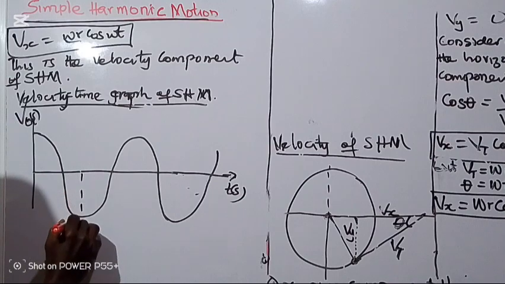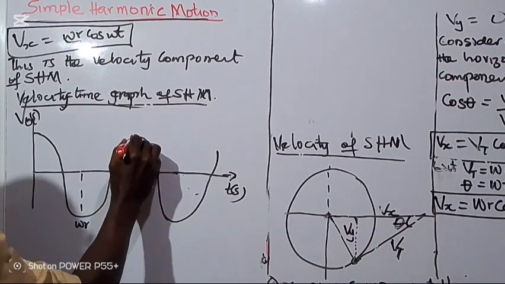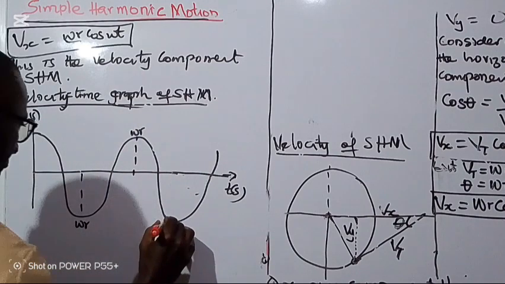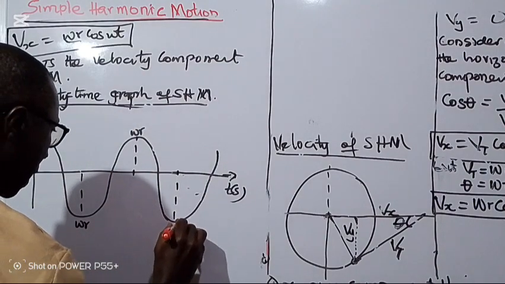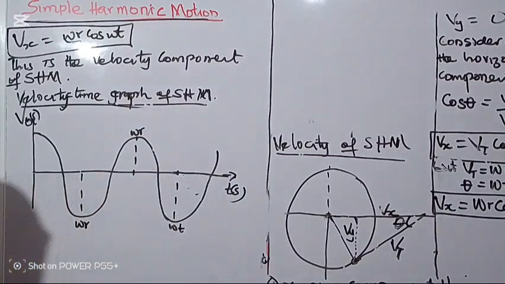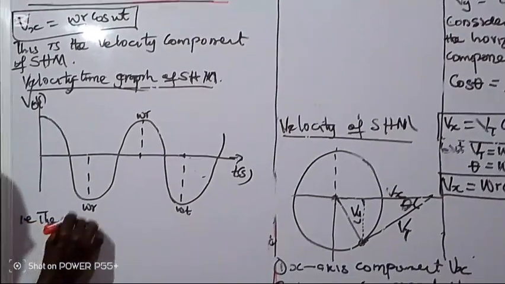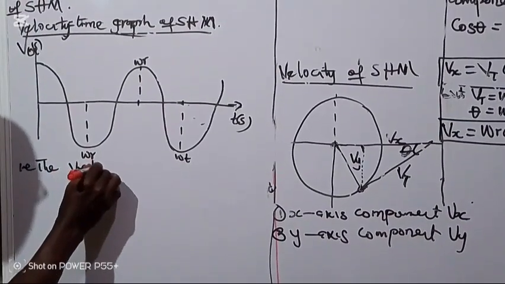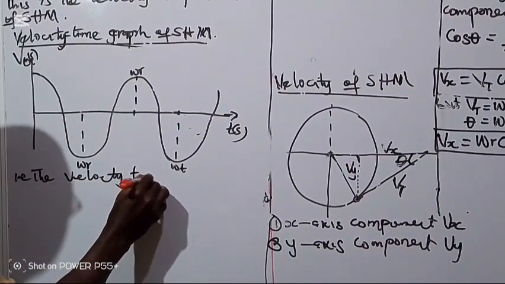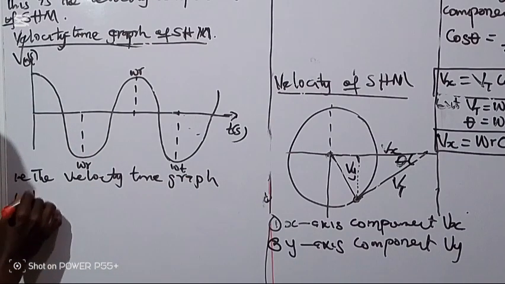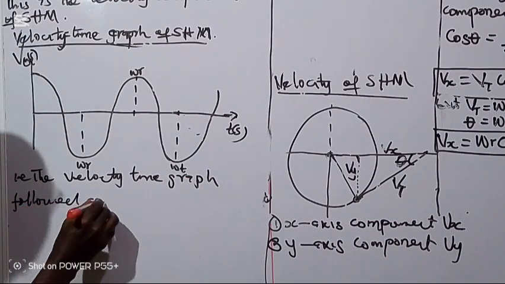At this particular point, this is another omega r, and this is another point, omega r. That is how the velocity time graph will look. The velocity time graph follows a cosine curve.